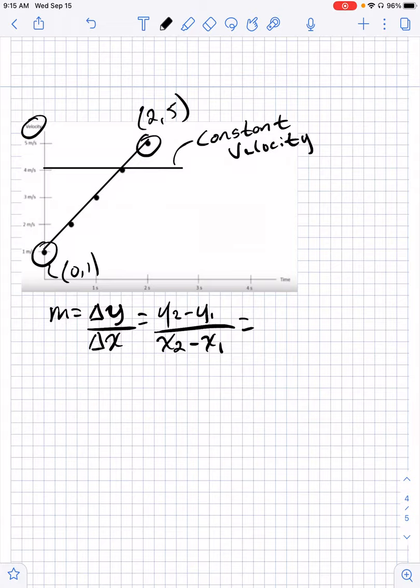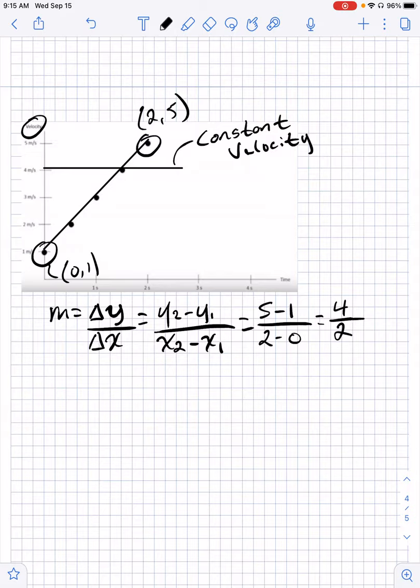So using those data points, that would give me 5 minus 1 on the top all over, on the bottom we would have 2 minus 0. Okay, so that's going to end up being 4 over 2, but let's include our units here, right?